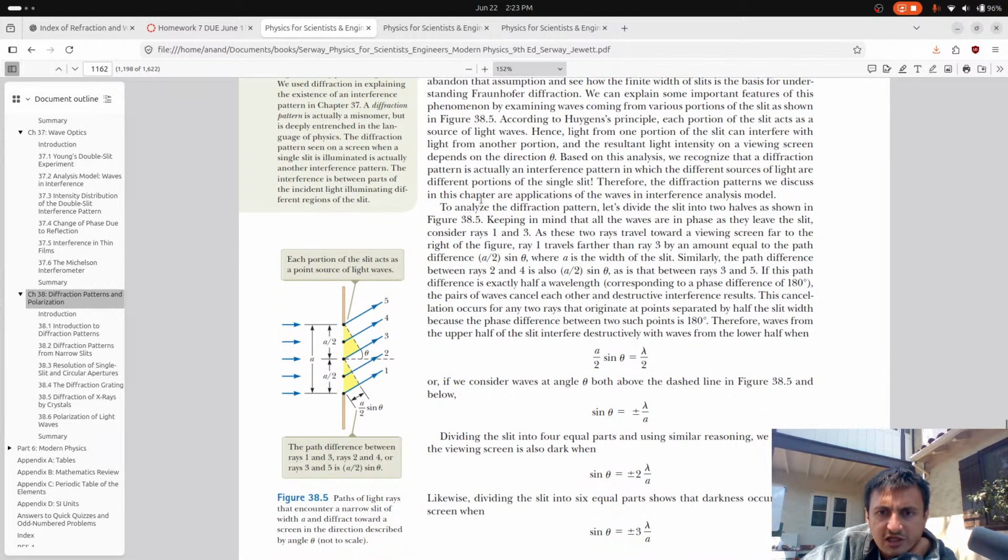To analyze the diffraction pattern, let's divide the slit into two halves. Keeping in mind that all of the waves are in phase as they leave the slit, consider rays 1 and 3.